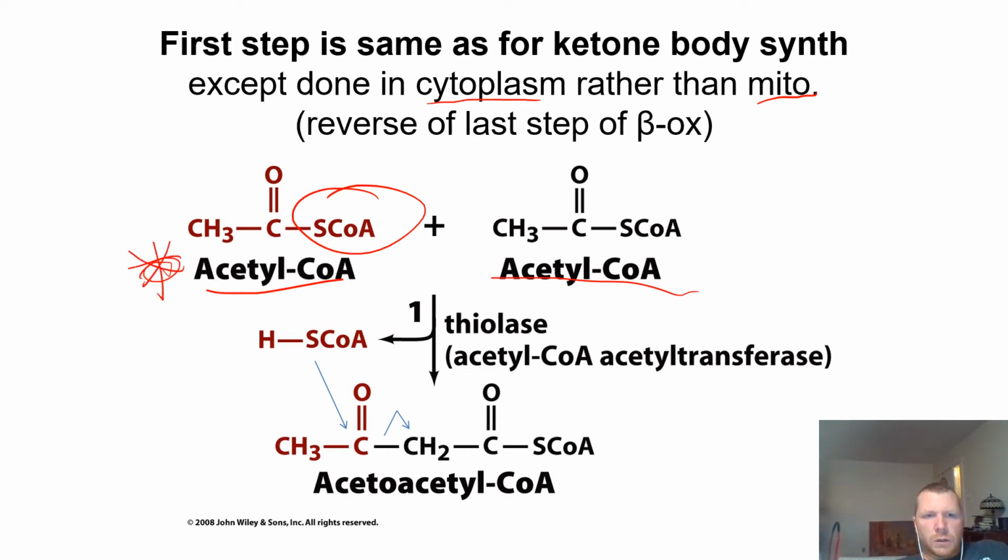I'll just draw my star by the molecule that I'm removing that coenzyme A from. Those 2 carbons are going to be transferred onto this end right here of my other acetyl-CoA molecule, and I'll end up with acetoacetyl-CoA. Now this right here is the molecule that results, which is basically identical to that of ketone body biosynthesis. So this actually is a ketone body.